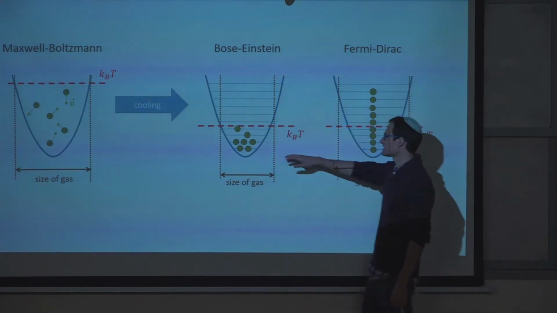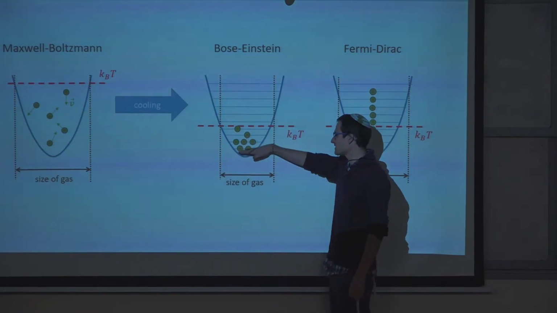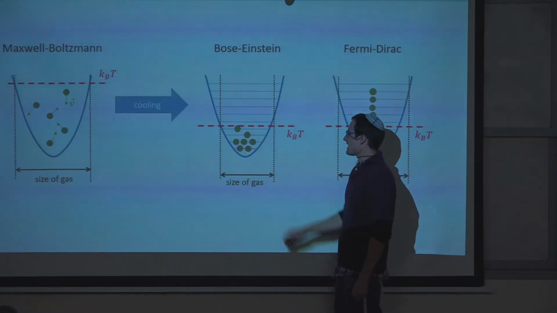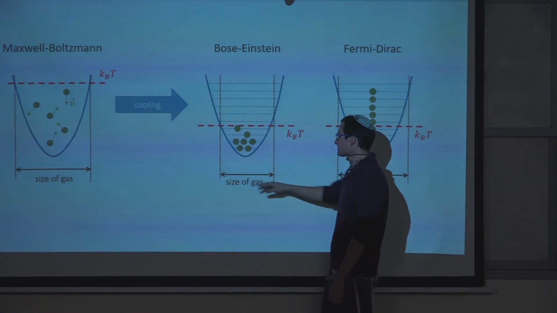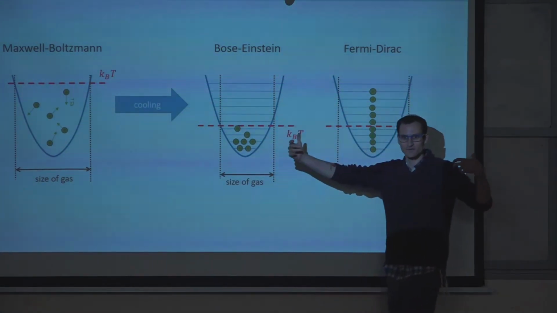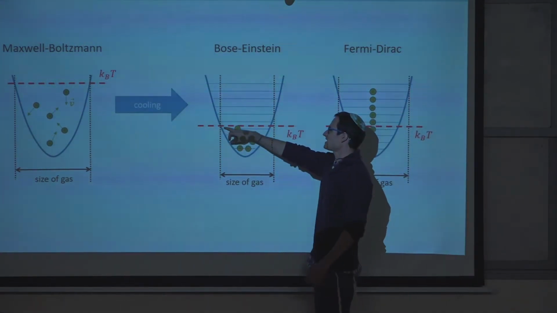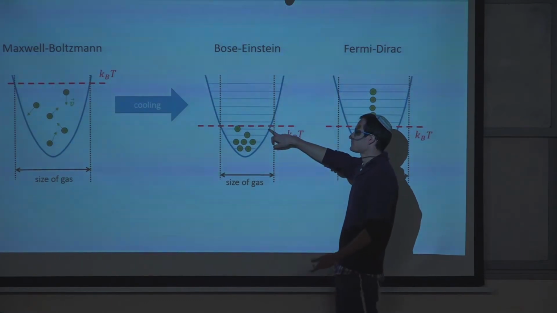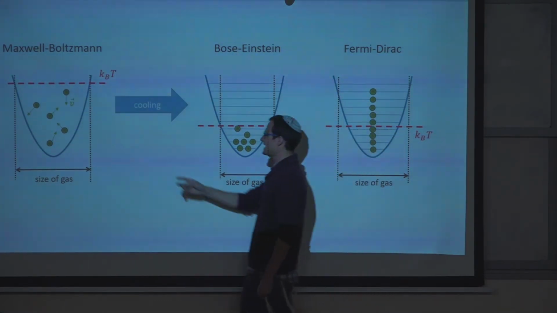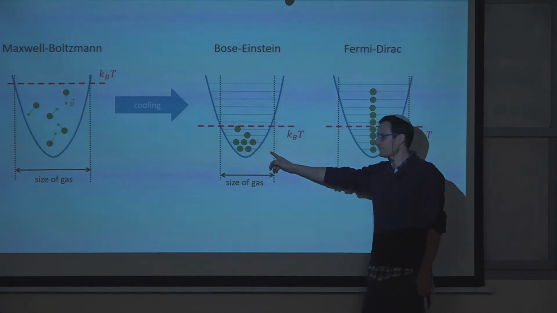If they're bosons, multiple particles can be in the same state, so the ground state, first excited state, and so on. And the size of the gas is given more or less by the particle that is the most spread out in the trap. In this case, the highest populated state is just given by the temperature. So the gas, as you cool it down, will shrink, will become smaller.